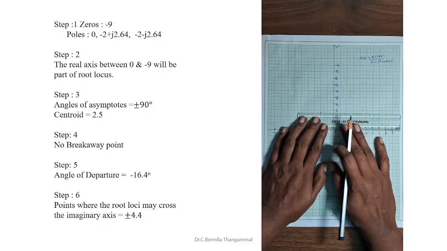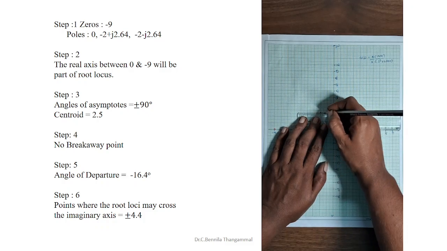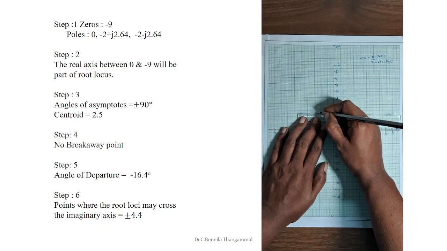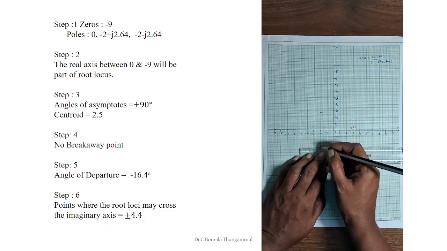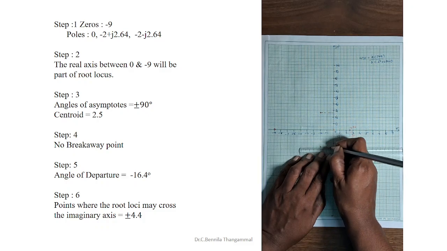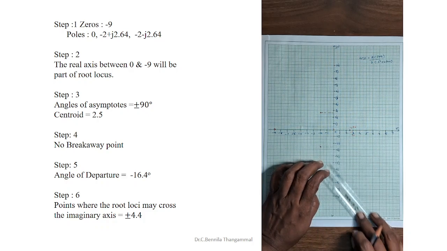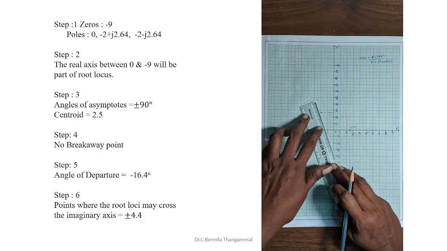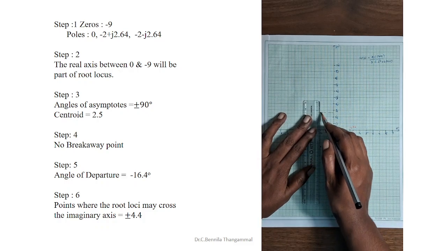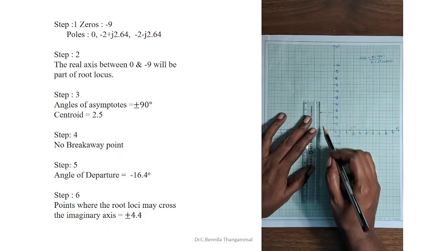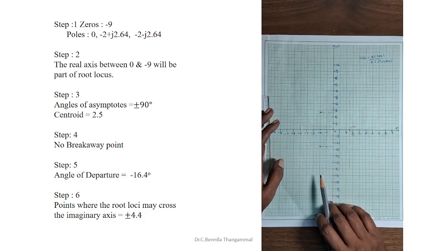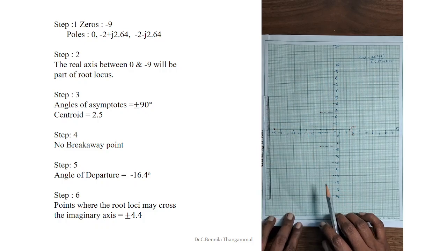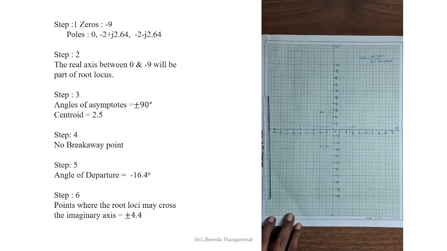To find it, we connect all the poles and the zero to the reference point, and from that we identified the angle of departure as 16.5.